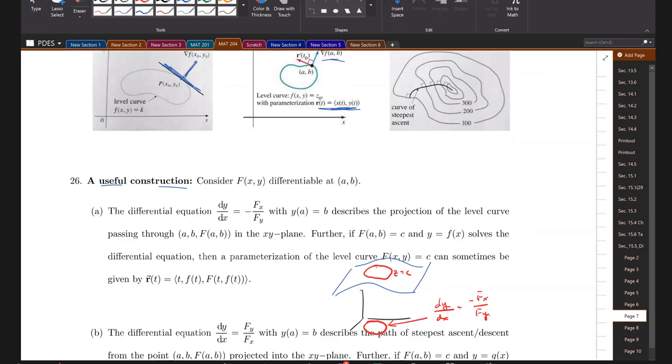So if you were to solve this differential equation, you would have the projection of the level curve in the xy plane. What's beneficial about that is that you can actually come up with a parameterization for the level curve by then taking that equation in the xy plane and bumping it back up to our surface. Okay.